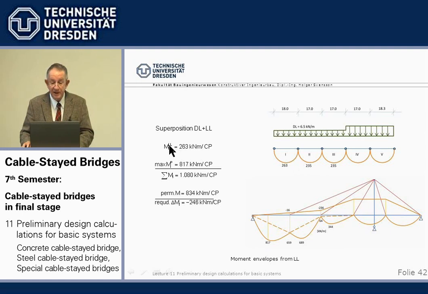That should be dead load, I'm sorry. We have plus 263 in the first span from dead load. We then had plus 817, which I've repeated here, from the life load moment envelope. So if we just superimpose the dead load and life load, without any additional cable shortenings, we come to plus 1080 kilonewton meter at that point.